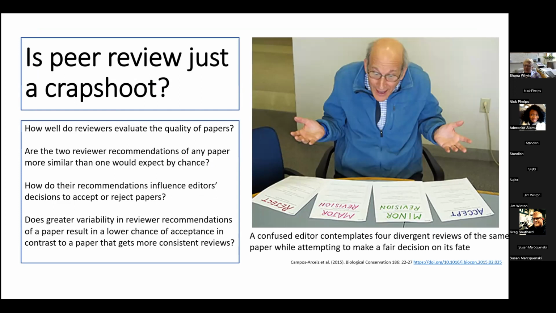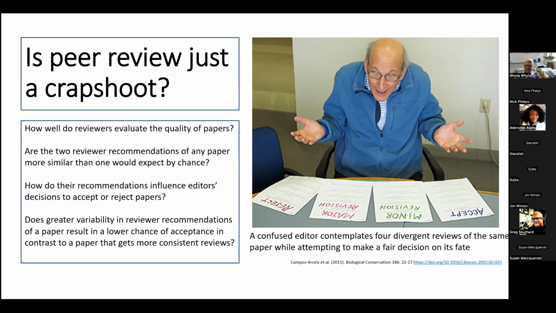Because as an editor, you may send out a paper and you may get one reviewer saying, yeah, I accept it, and the other reviewer saying, no, I reject it. And then what do you do? So you would have to go and find another reviewer. You would have to make your own assessment of it. We discuss it with the editor. How many times does this occur, and what kind of influence does it have on editors' decisions to accept or reject papers?